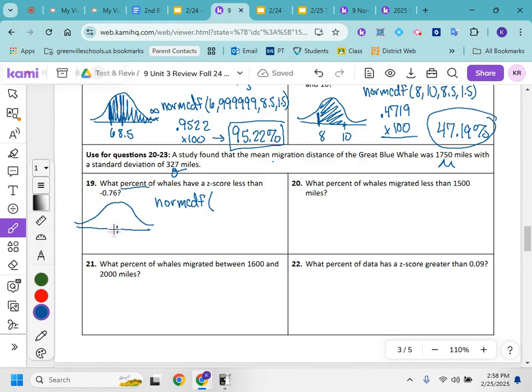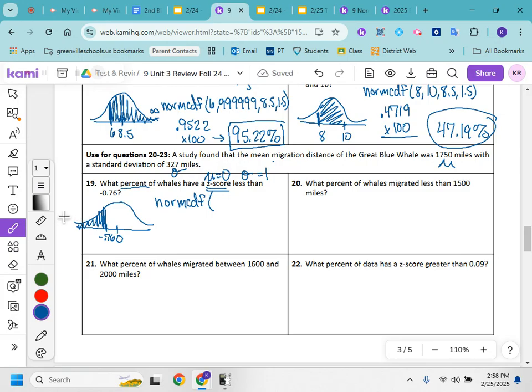Since we're at negative 0.76, we're on this side, because this is standardized now, because these are z-scores. So our mean is 0 and our standard deviation is 1. Anytime you're using a z-score, you have to use a mean of 0 and a standard deviation of 1, because they have been standardized. So less than is to the left.